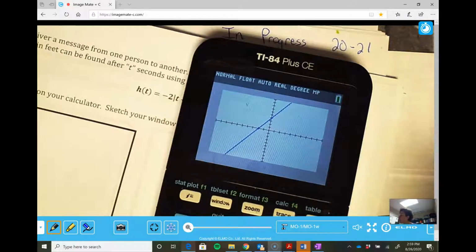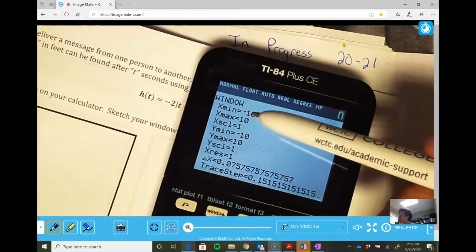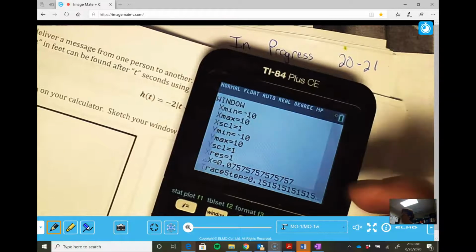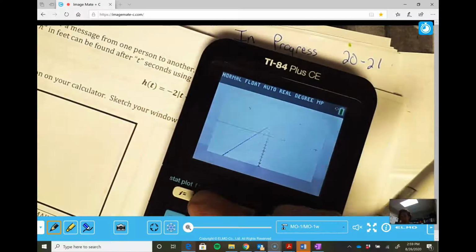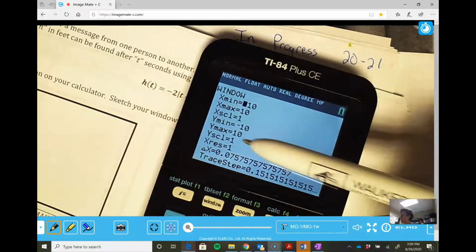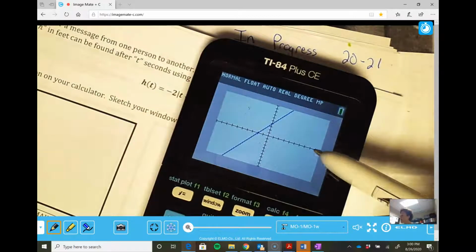So a really good thing to try is one, you can just go to the window and see. So this is my min, this is my max, -10 to 10. And then again, I pressed window, and my y goes from -10 to 10. So one thing I need to do is go more to the right.